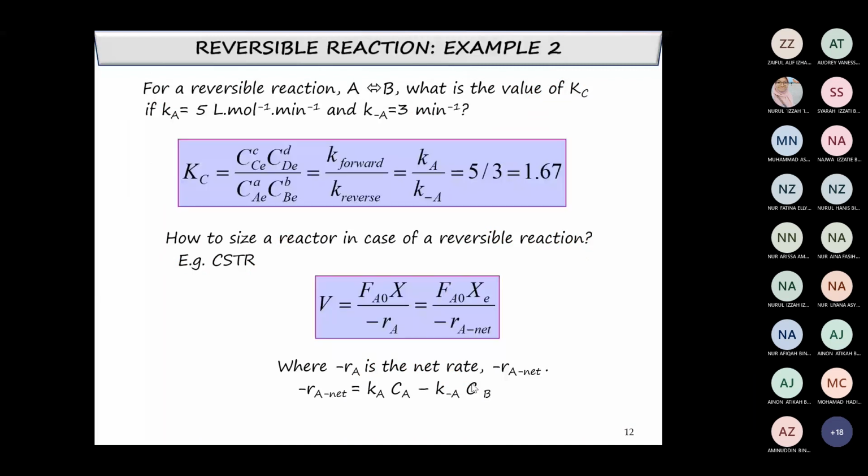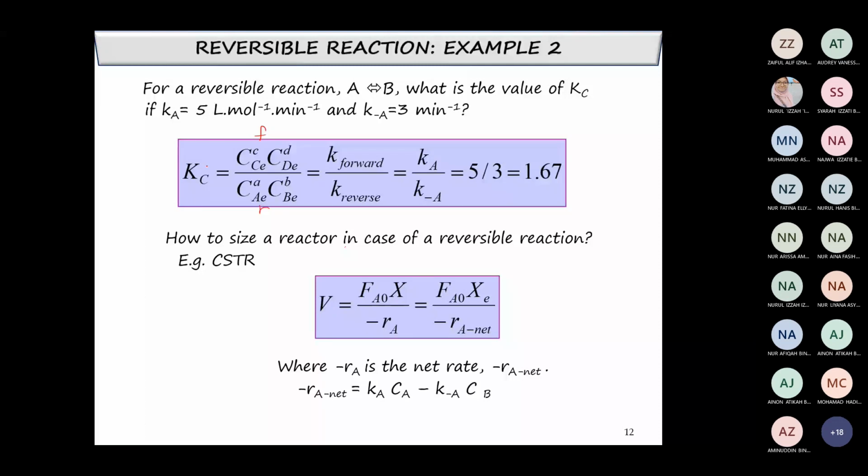So for a reversible reaction A to B, what is the value of Kc if Ka is equal to 5 per liter and K minus A is 3 per minute? Okay. So remember Kc is equal to CCE over CDE. This is the forward, and this is the reverse. So we have K forward over K reverse, kita dapat Kc.